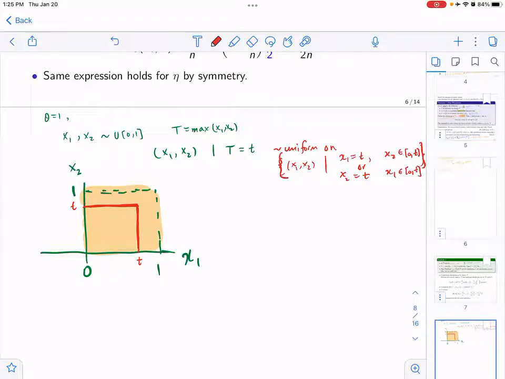Okay, it's a uniform distribution in this, which is just hard to describe any other way. It doesn't have any density with respect to the two-dimensional Lebesgue measure, but it's what it is. Okay, so it's uniform on this.